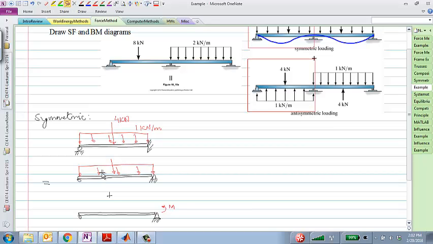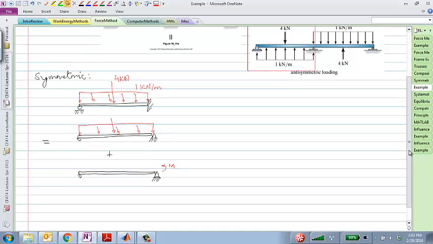So for both of these loadings, I can easily calculate the rotation at this end, either going through the tables in the book or just calculating rotations, whichever method you want to use. For this one, I can also calculate the flexibilities at this end.